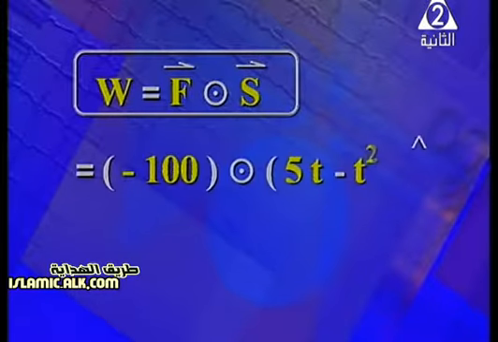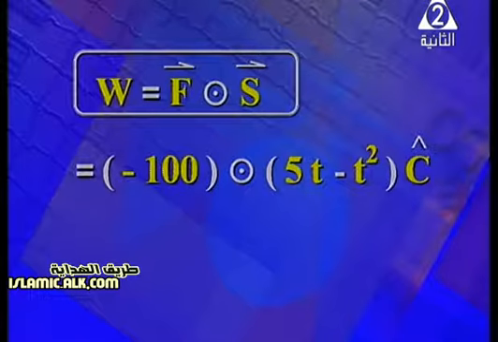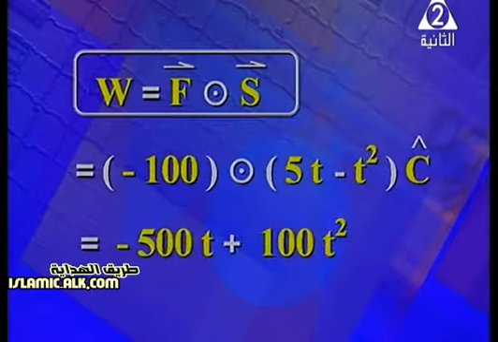So work equals F scalar product S. What is F? Negative 100 c, scalar product with the S vector, which is (5t minus t squared) c vector. Then it equals negative 500t plus 100t squared.